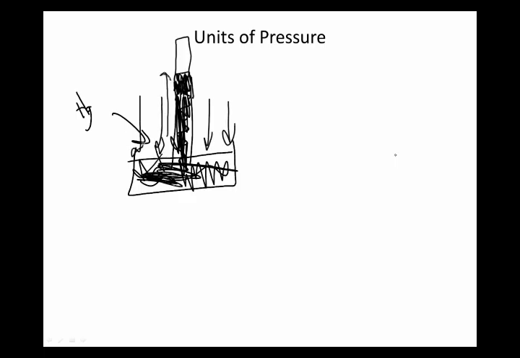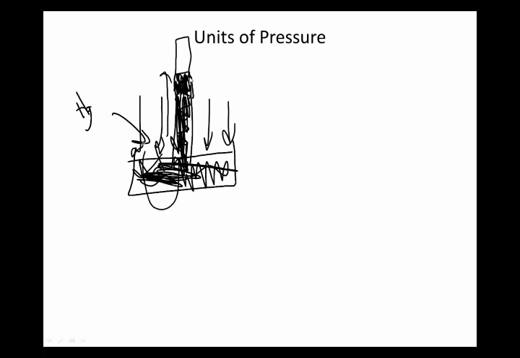So that is what's supporting that column of mercury. It's simply a matter of the higher the pressure is out here, the higher the column of mercury is on that day. If the pressure changes, which it does, the height of the column will be higher or lower depending on whether the pressure is higher or lower.